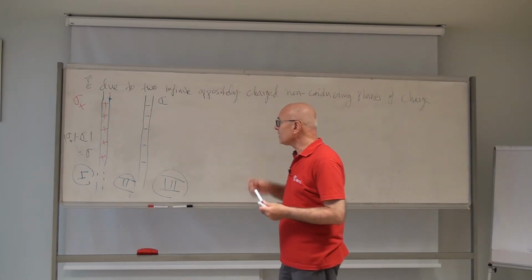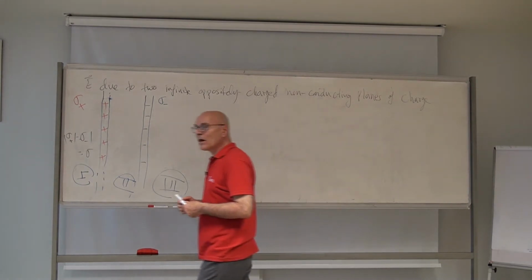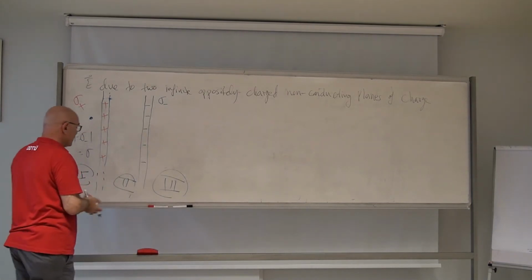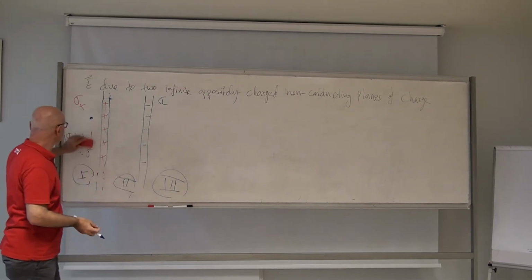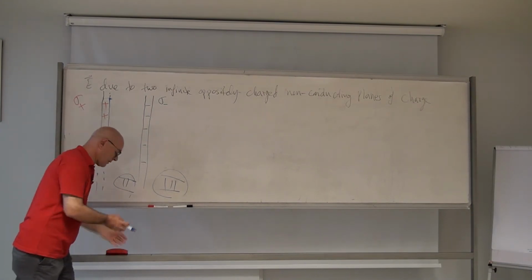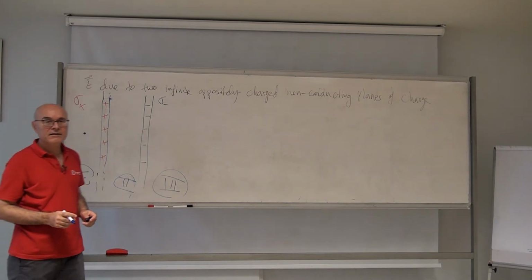So let me consider first region 1, for example, here. I want to find the field in region 1. Let me remove this here, keep it in mind. In this region, what is the electric field?